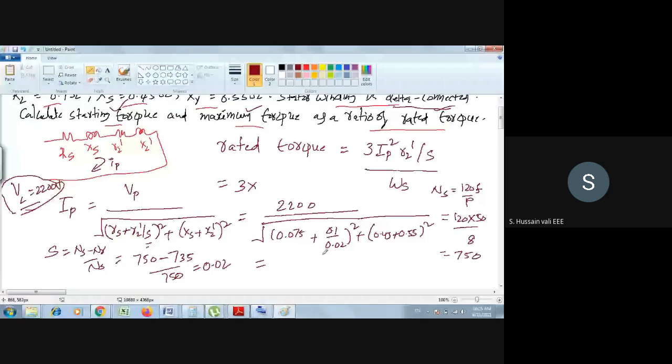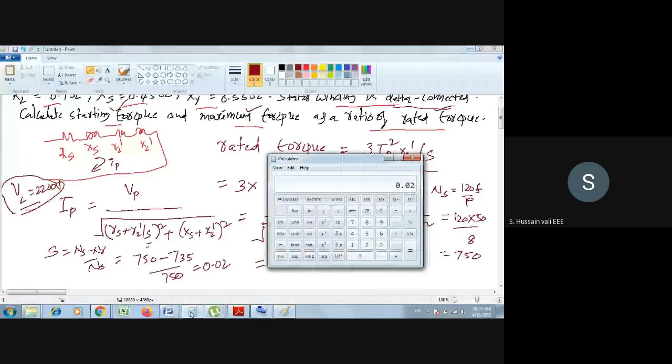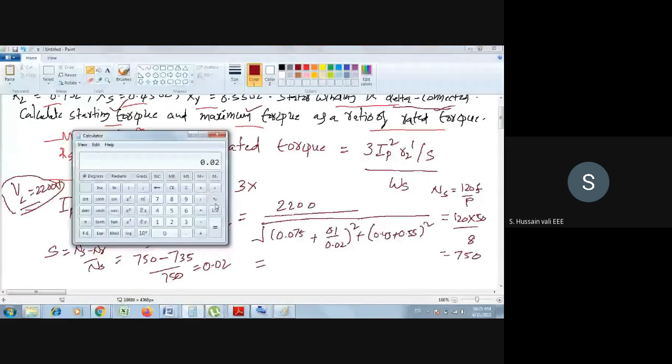So this becomes 1... we got 25 plus this is 1. So 20 plus 1. We got this answer over square root. We got 13.14, sir.